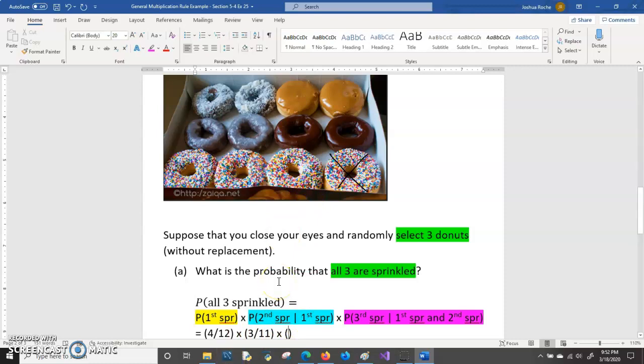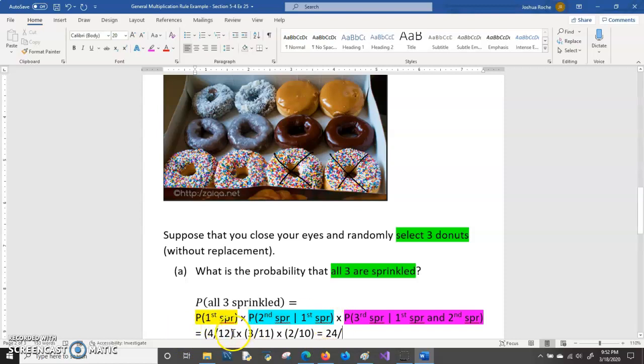Now we've picked out 2 sprinkled donuts, we ate them, so they're gone. We want to know the chances that we would pick a third donut that's also sprinkled. Now there are 2 sprinkled donuts left, and 10 donuts altogether left, so that would be 2 out of 10. To work that out, we'll multiply all the numerators: 4 times 3 times 2, so 24.